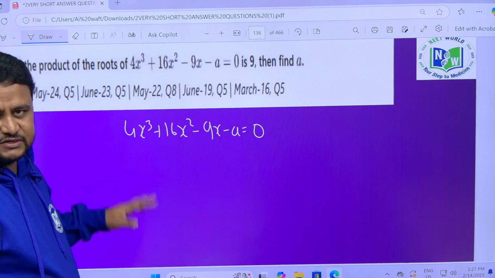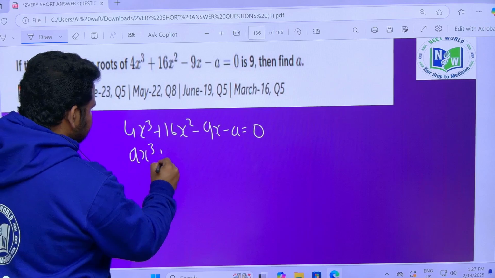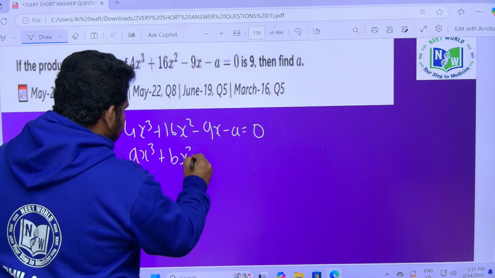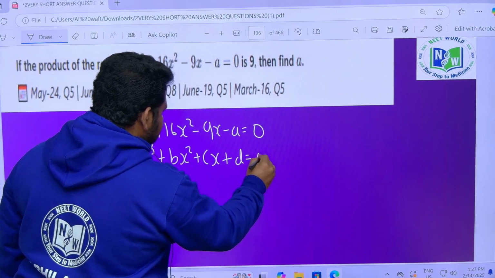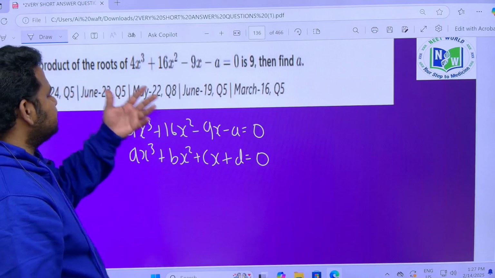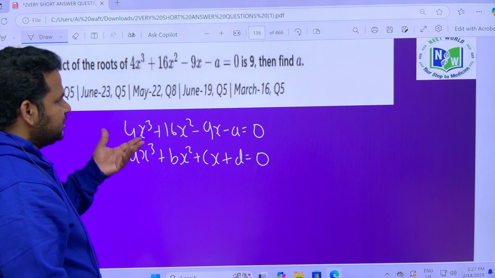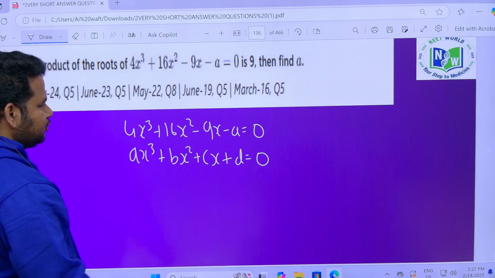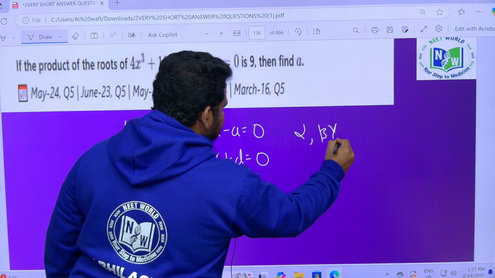So let us compare it with our standard equation, that is ax cube plus bx square plus cx plus d is equal to 0. It is a cubic equation, that means it is having 3 roots, that is alpha, beta, gamma.